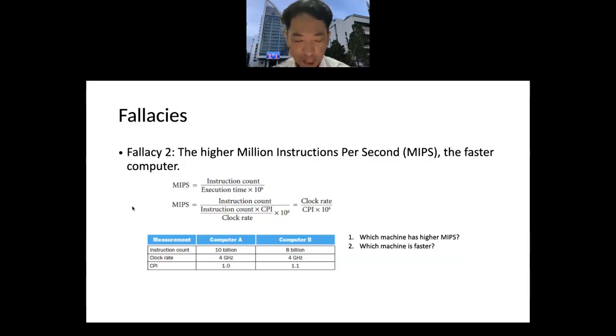Let's have a look at this example. Here is how we calculate MIPS. MIPS is the instruction count divided by the execution time times 10 to the power of 6, because we want to change to the number of millions.